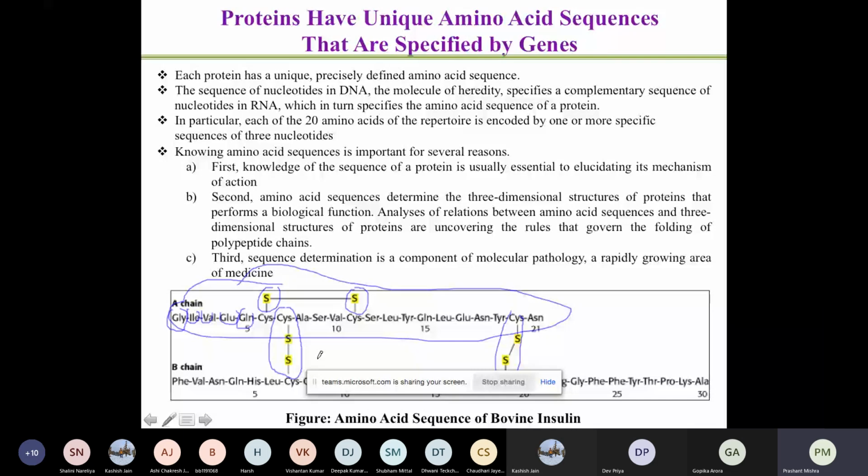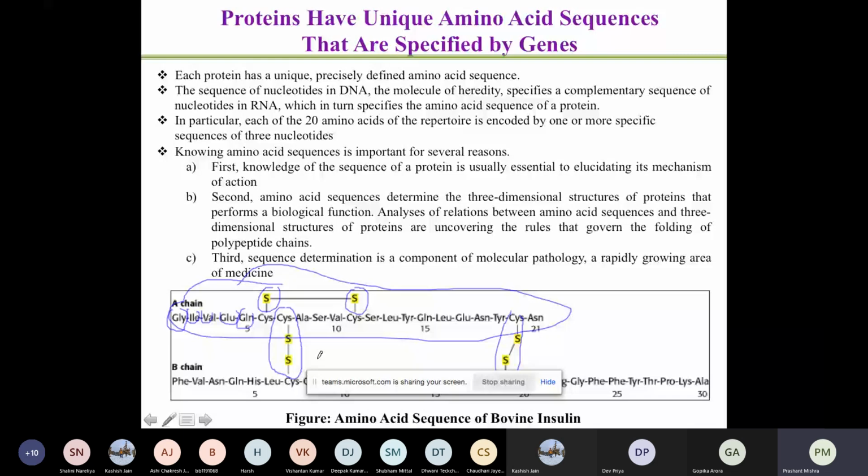In the RNA sequence, not in the DNA, because DNA makes a complementary RNA, the RNA will have three-nucleotide codes which can bind with a particular amino acid. I will talk about this when we discuss DNA and its function.